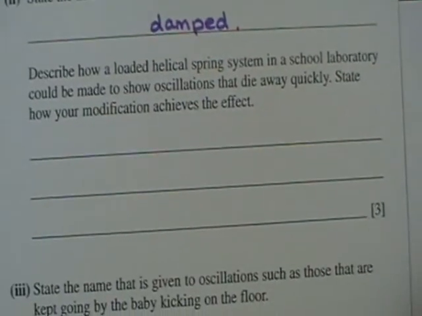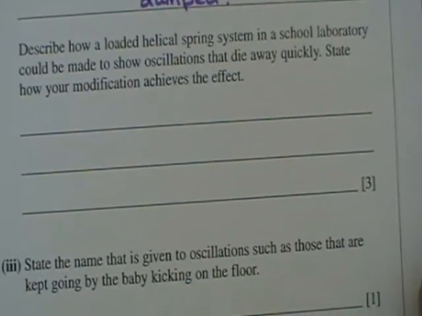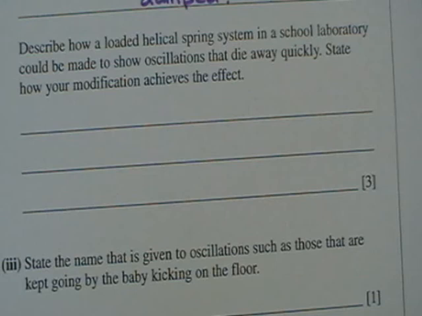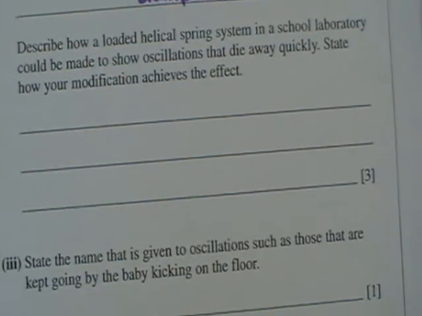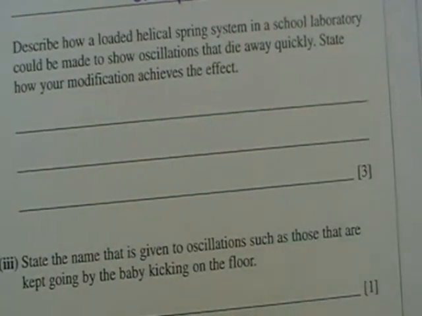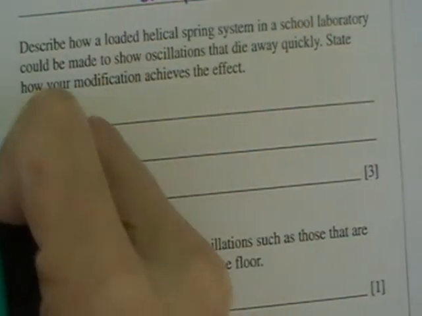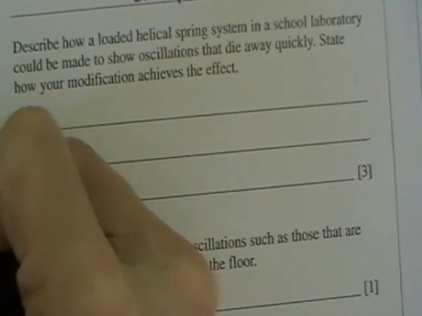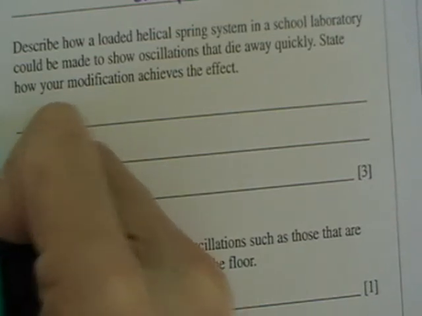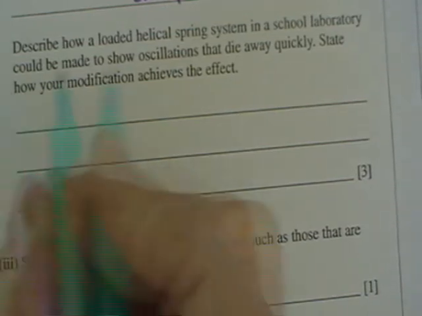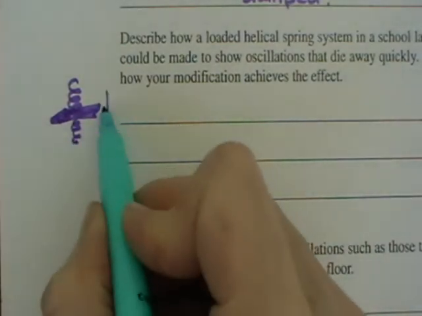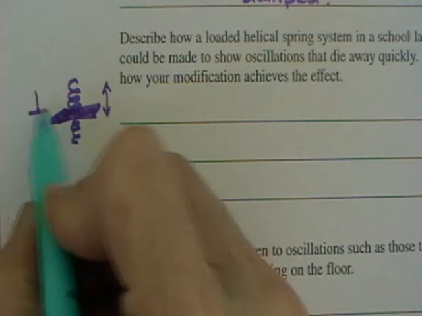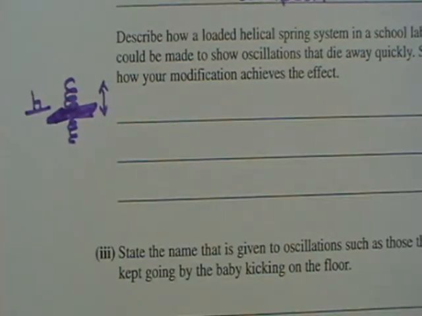Describe how the loaded helical spring system in a school lab could be made to show oscillations that die away quickly. State how your modification achieves the effect. So what you could do, if you have your spring, you could add a piece of card like that, and there's the rest of the spring, and it is perpendicular to the direction of the motion up and down.